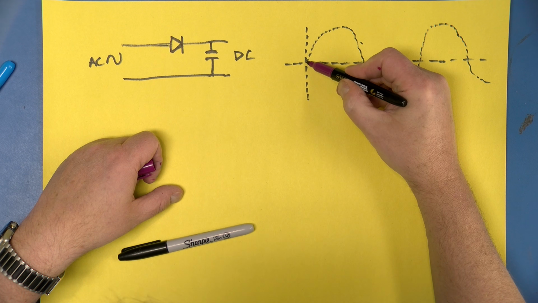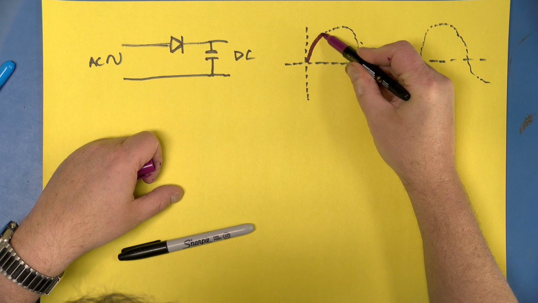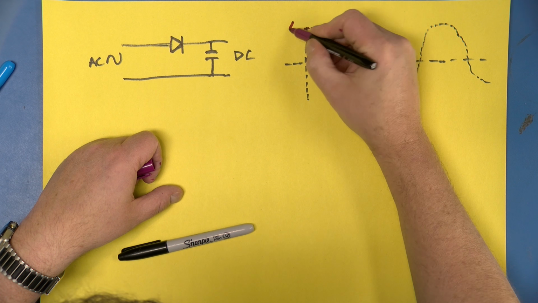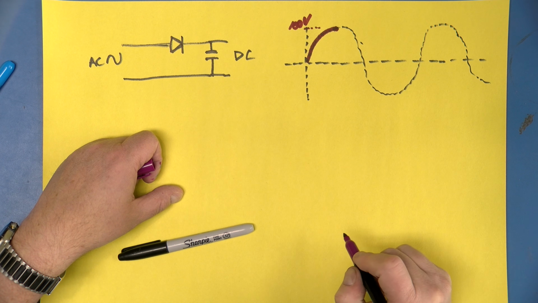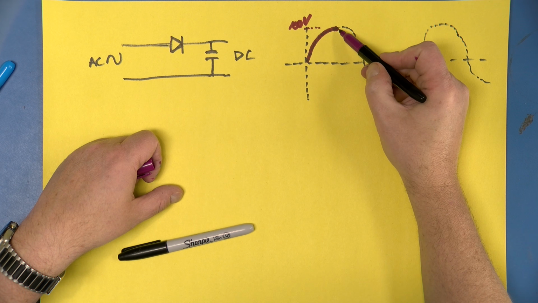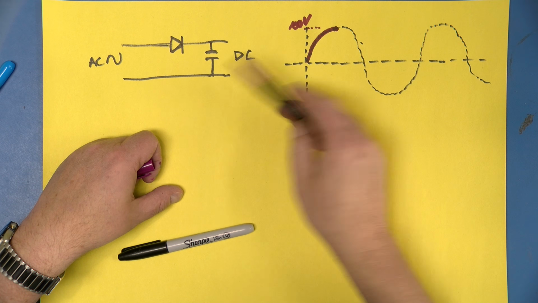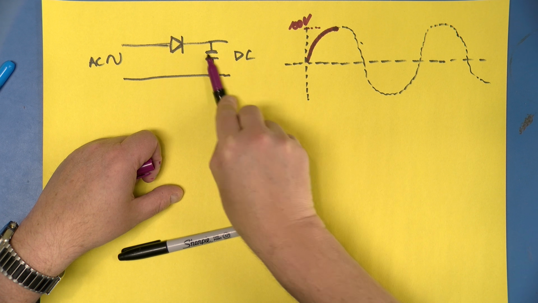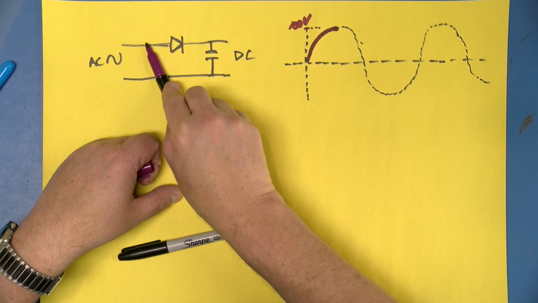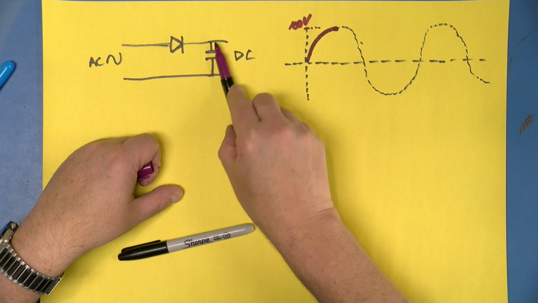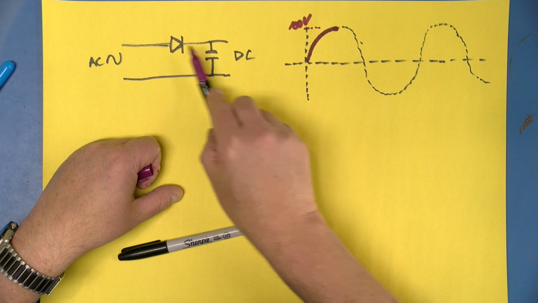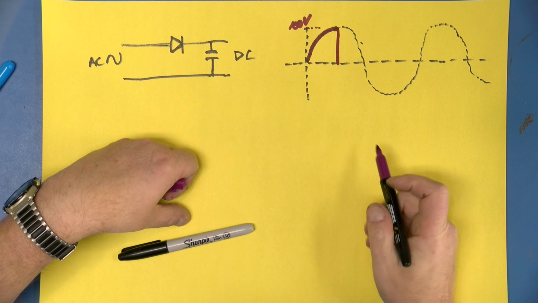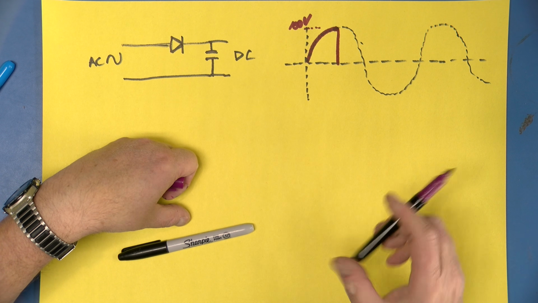The capacitor charges, and it goes up and up till we get to the top here, and maybe we'll just pretend the top is 100 volts just to make our lives easy. When it gets to 100 volts, the applied AC starts going down, so now the voltage on the capacitor is higher than the voltage here. The voltage here now might be 99 volts. The current would want to flow in this direction. The diode stops it, so the current just stops like that. And we still have 100 volts on our capacitor.